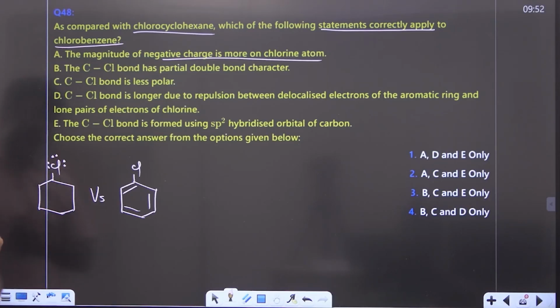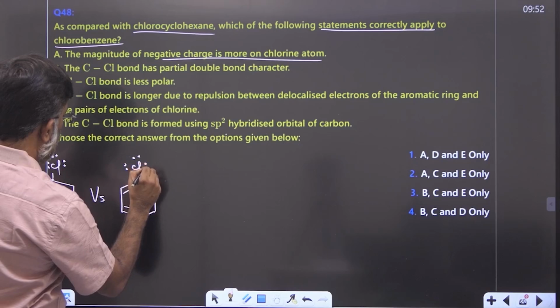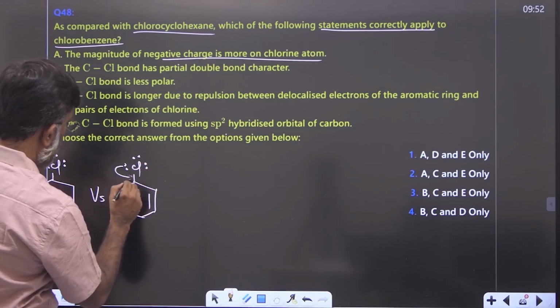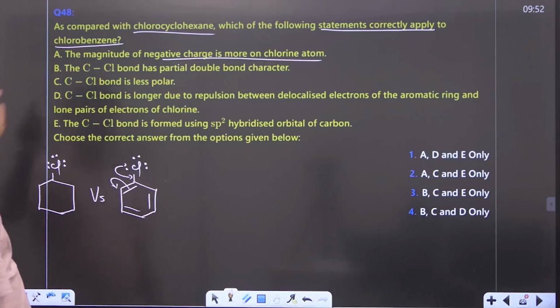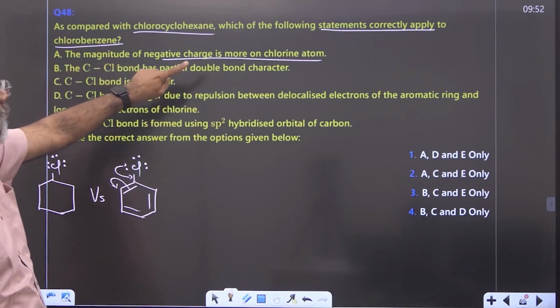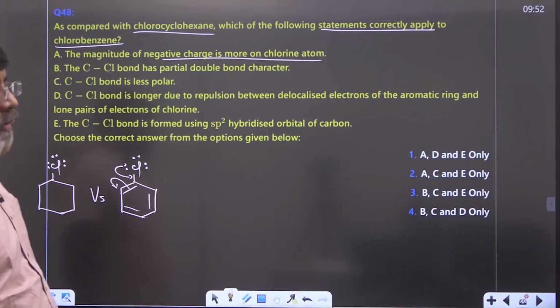While here there is resonance, and due to resonance, the magnitude of negative charge is not more on the chlorine atom.